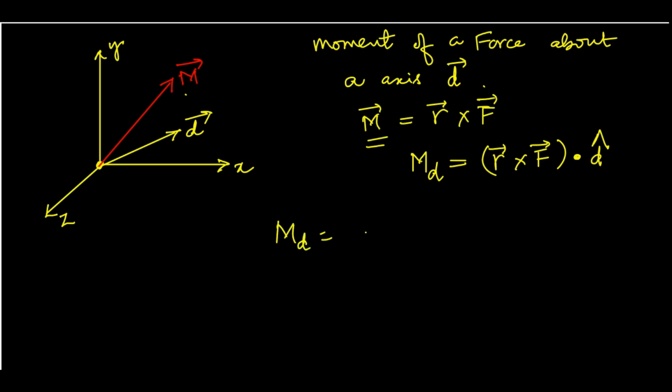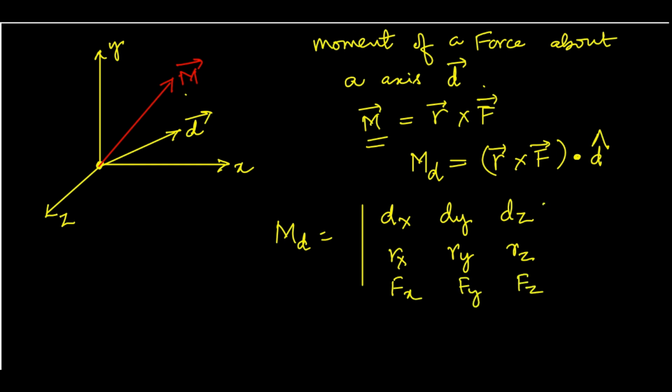So this will end up being a determinant where, instead of ijk, you have dx, dy, dz, and rx, ry, rz, and fx, fy, and fz. This will be a scalar value. Basically, you are getting components of mx, my, mz along D cap.